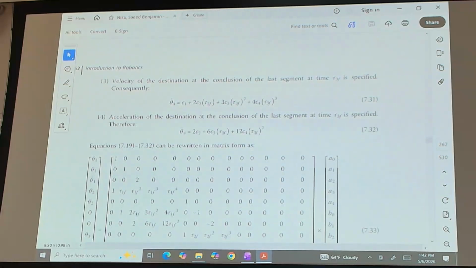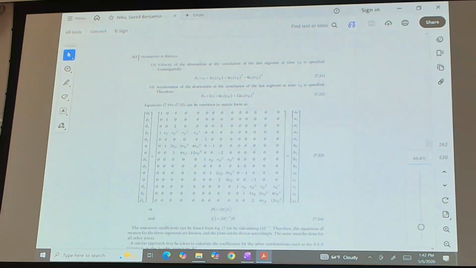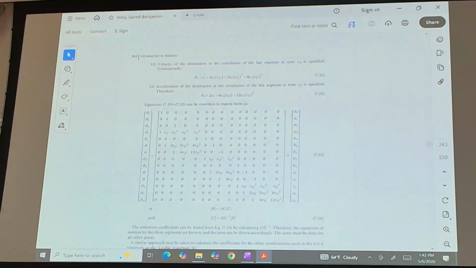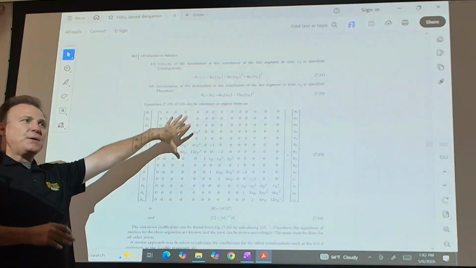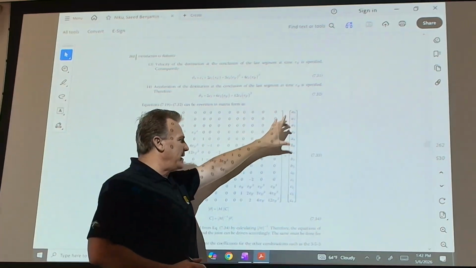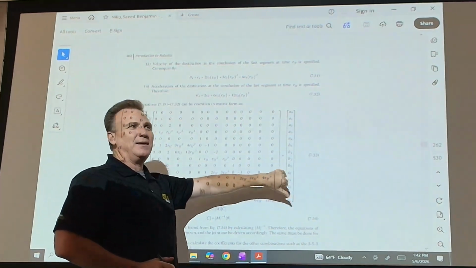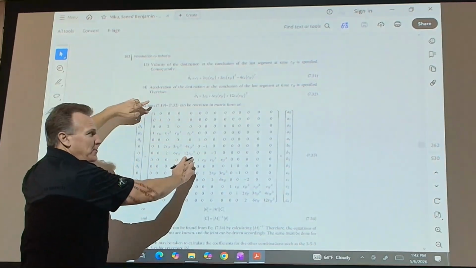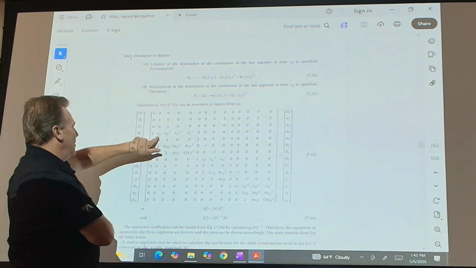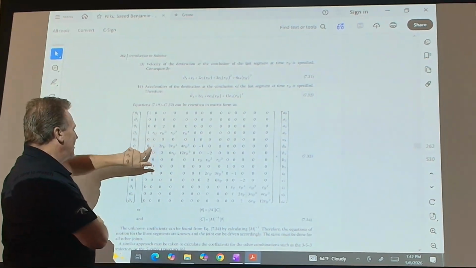At any rate, we'll just leave it at that. We can construct this massive matrix, but really all we did is we stack our A's, our B's, and our C's. We constructed this sub matrix here.